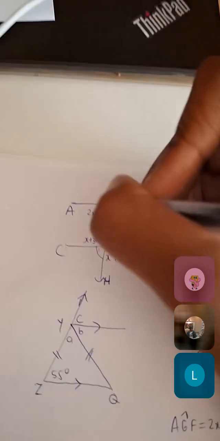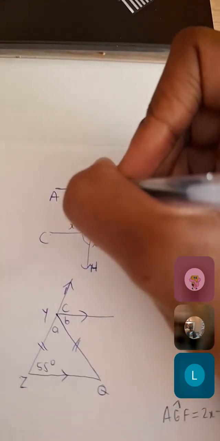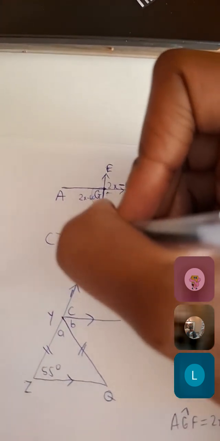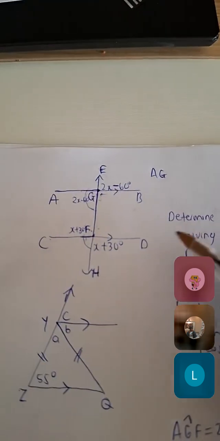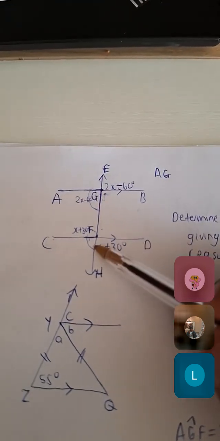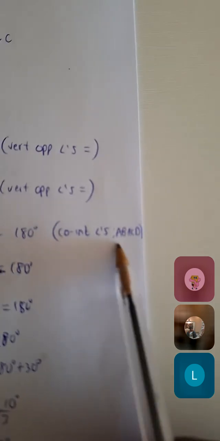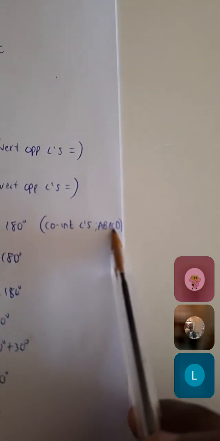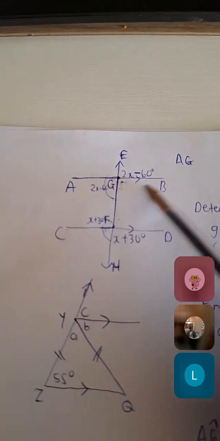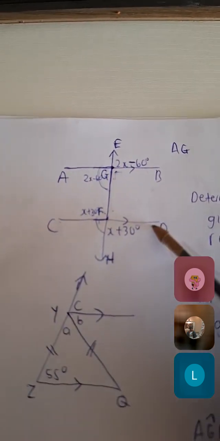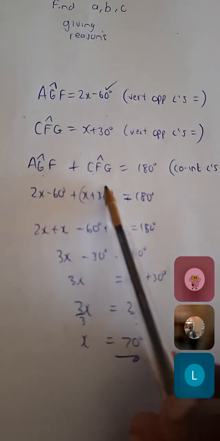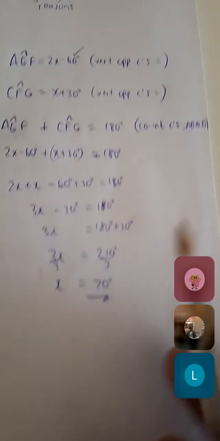It's the U shape, the armpit angles, and they add up to 180. And look at my reason: co-interior angles, and I state my lines that are parallel. AB is parallel to CD. Then from there, algebra, I just solve for x.